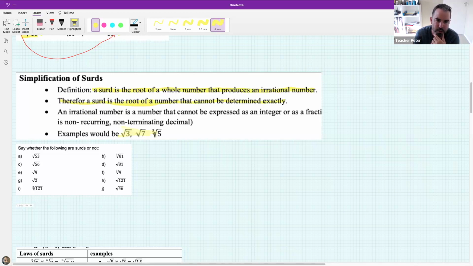So I want you to put these examples in your calculator and tell me, is the answer you get messy or is the answer you get neat? And I want you to say that in the chat. So messy if you get messy numbers for this, neat if you get neat.